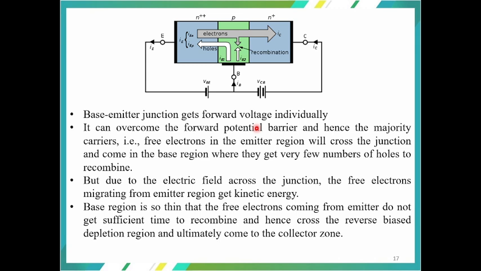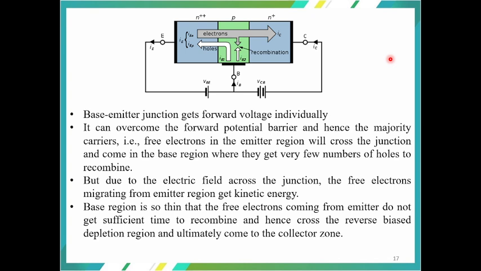When the base emitter junction gets forward bias, the forward voltage can overcome the forward potential barrier, and hence the majority carriers, the free electrons in the emitter region, will cross the junction and come into the base region, where they find very few holes to recombine with because the layer is very lightly doped, so the electrons will start moving from the base region to the collector region.